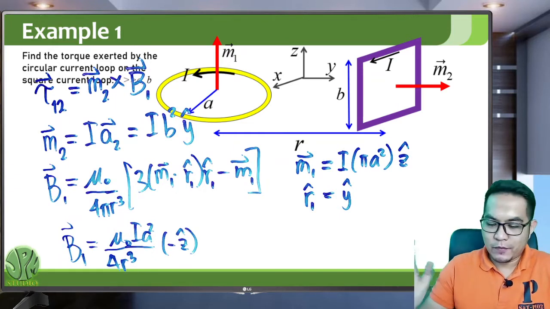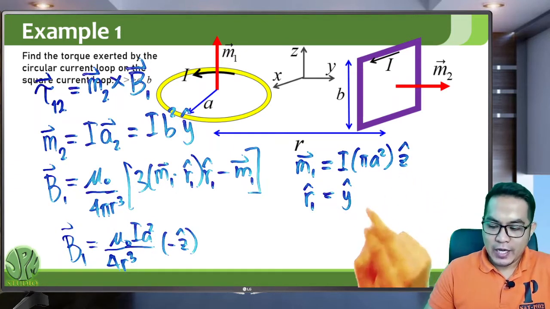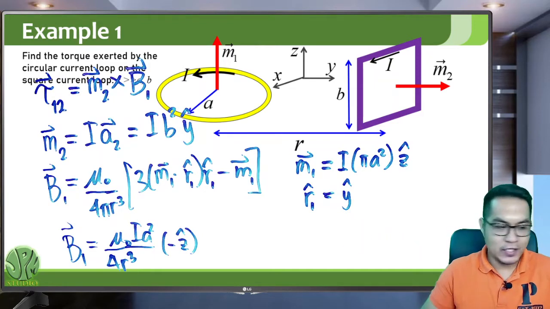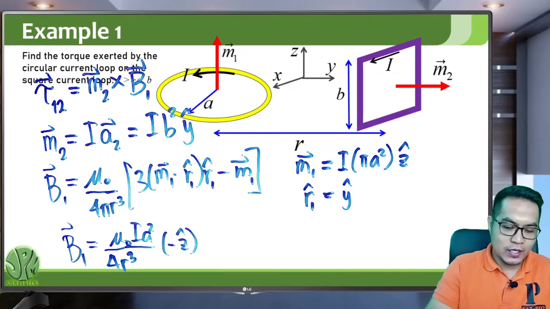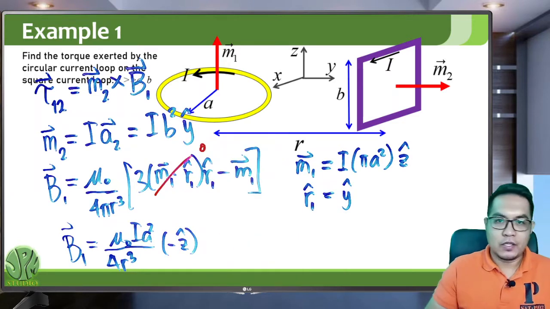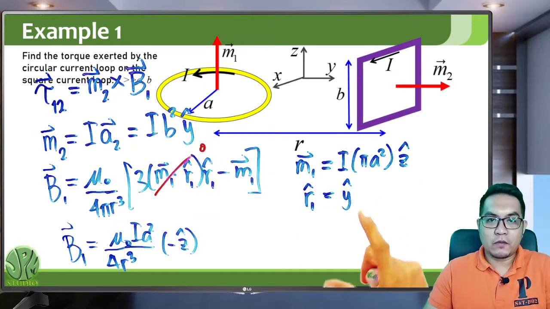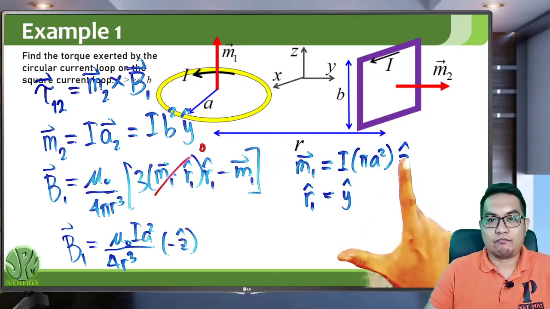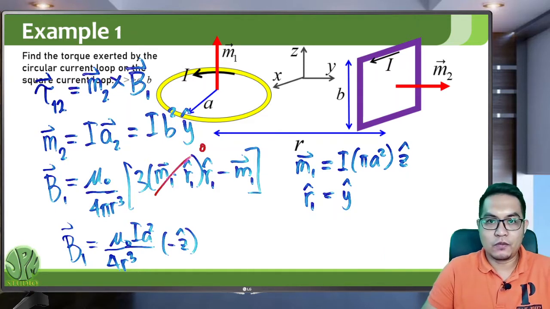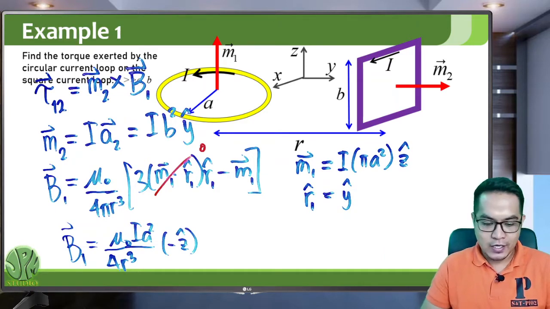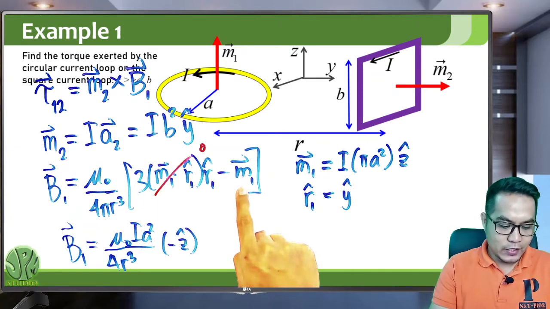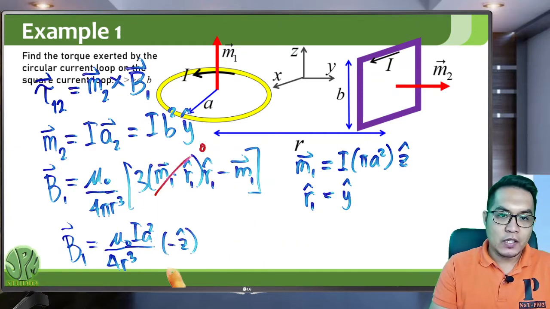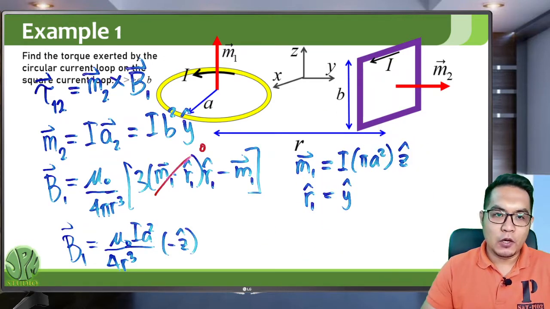The dot product of z hat and y hat is 0, since the dot product of two perpendicular vectors is 0. The dot product a dot b is ab cosine theta, and cosine of 90 degrees is 0. So the first term will be 0, and you are left with this one. So this is our B1 at the location of loop 2.